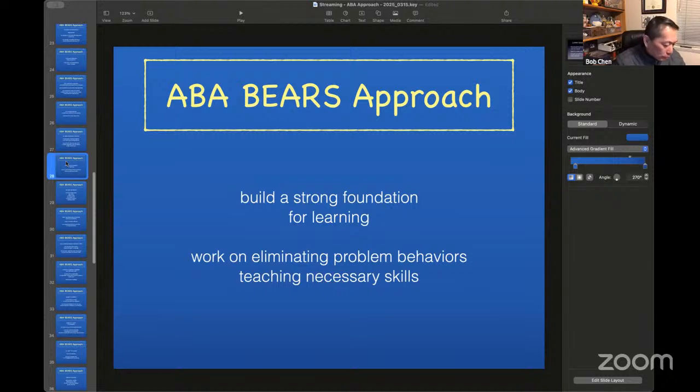Now, the other thing that you have to learn to do is build a strong foundation for the child's learning. A lot of parents are anxious to move programs along, to jump programs: "Okay, I don't think I need this program. Let's go to a different, more advanced program."